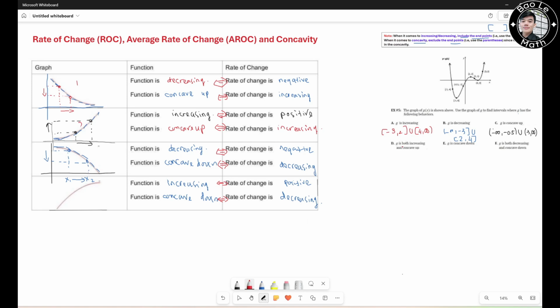The function g is both increasing and concave up from here to here. This is increasing, and this is from here to here. Alright. So after we identify the increasing interval, we need to look at the concavity. So concave up, which means from here to here only, and here to here.